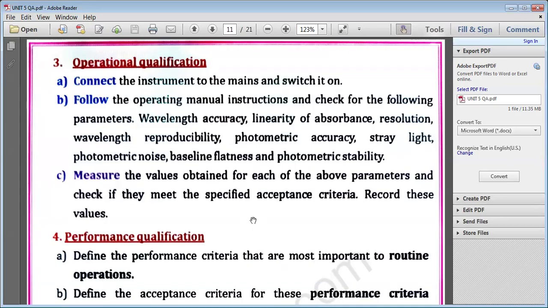We have to check various parameters such as wavelength accuracy, linearity of absorbance, resolution, wavelength reproducibility, photometric accuracy, stray light, photometric noise, baseline flatness, and photometric stability. Measure the values obtained for each of the above parameters and check if they meet the specified acceptance criteria. Record these values.